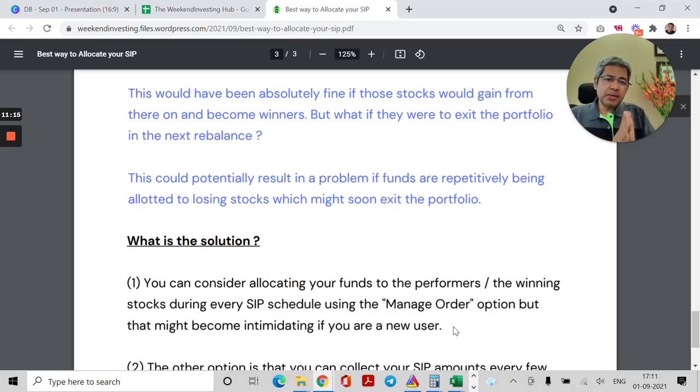This may be a bit complicated for the new user because adding SIP and then managing it and changing all the weights, comparing it to the model weights, it may become a bit overwhelming, and it takes you away from the smooth one-click process. But this is one solution.